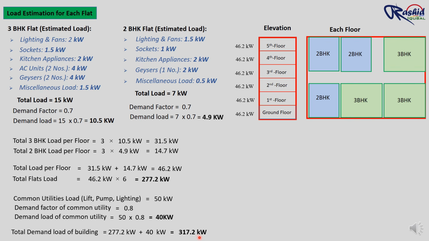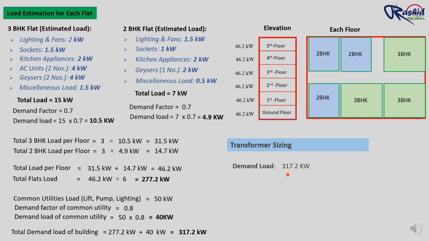So once we calculate the total load of the building, then we can find transformer size easily. To choose the right transformer for the building, it needs to handle the total demand load, which is 317.2 kilowatt. So the building demand load is 317.2 kilowatt.